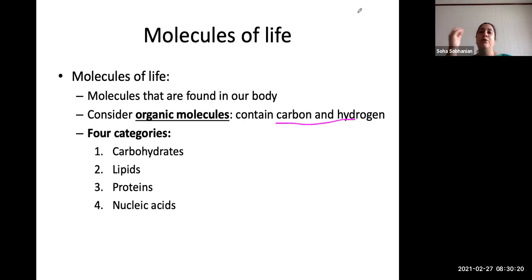When you eat your food, what are the major food categories you eat? If you ever try to go on a diet, depending on which diet, they say eat carbs or don't eat carbs, right? Which is carbohydrates, basically, number one. Eat fat or don't eat fat, right? Which is basically lipids or fat.